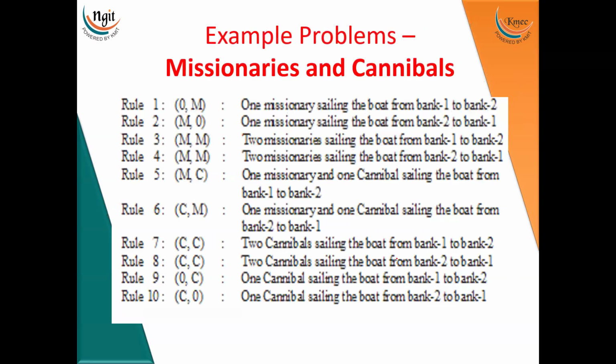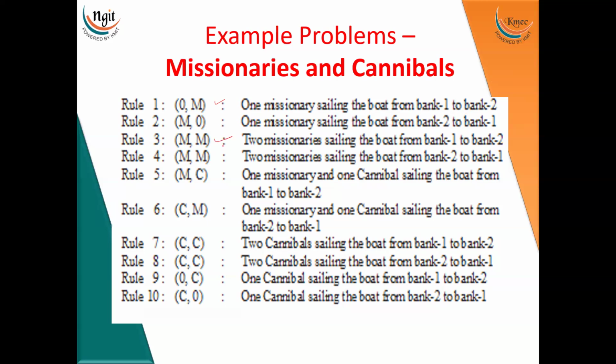So here we have to frame the rules similarly to earlier. Rule 1 through rule 10. You can just pause for a minute and read the rules. What rule 1 says is that one missionary sails the boat from bank 1 to bank 2, and one missionary sails the boat from bank 2 to bank 1.